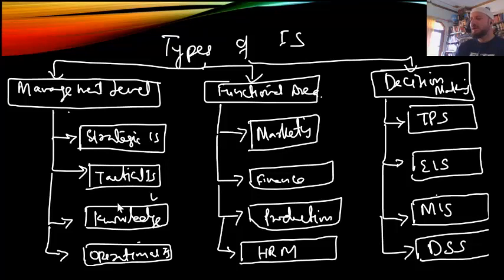Depending upon the management level, they take up the decisions as per the level, or they have different departments, which are the functional areas. They all belong to an organization which has these management levels and which applies a particular decision making information system on that level. So let me discuss that in the next slide.